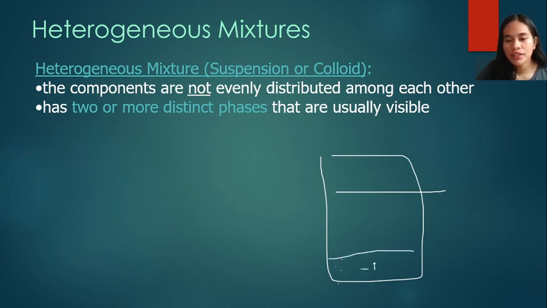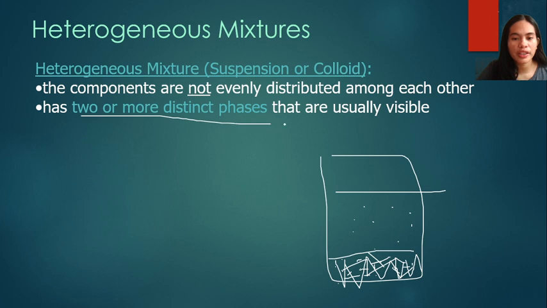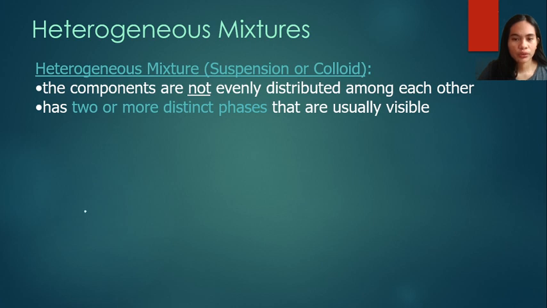So, most particles of the sand nandyan, and then other particles ng sand. Tell me, does this illustration show an even distribution of sand particles throughout the water? No. That's why it appears to have two or more distinct phases that are usually visible.